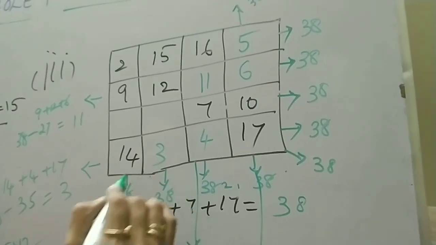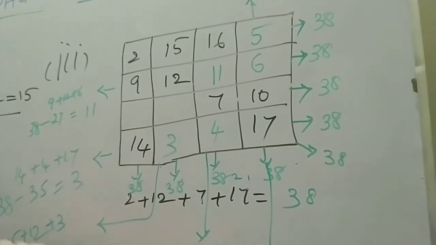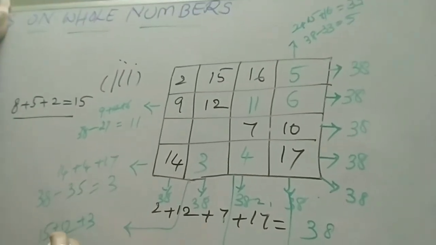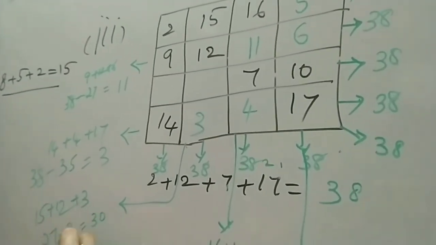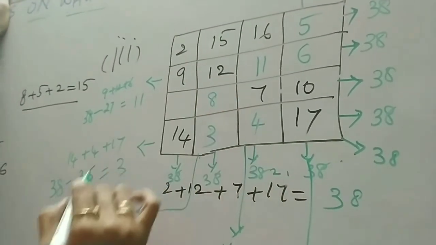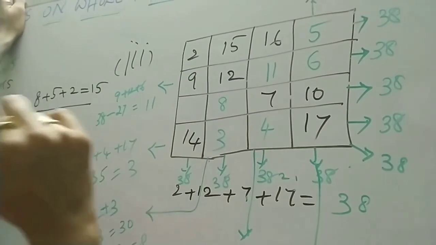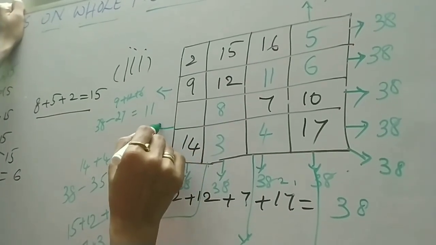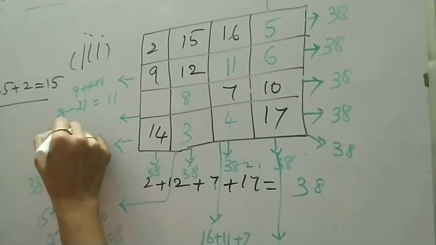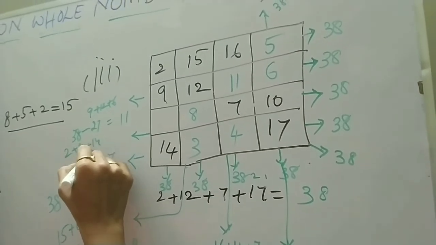Now I am doing this one, plus 3. How much here? 27 plus 3, 30. 38 minus 30, you get 8 here. Okay, remaining, this line: 14 plus 9 plus 2, 2 plus 9 plus 14, 11 plus 14, 25.